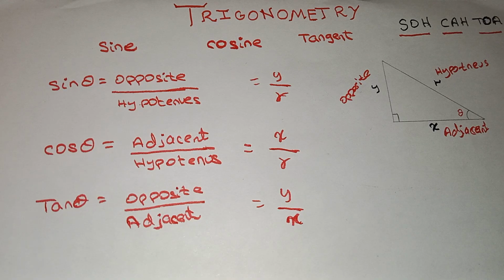What is the thing to identify whether a triangle is a right angle triangle or not? The major thing to identify whether it is a right angle triangle is a small square. Why? This represents that it is a right angle triangle.